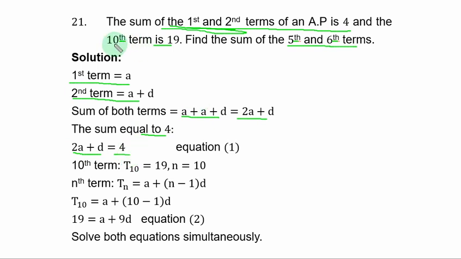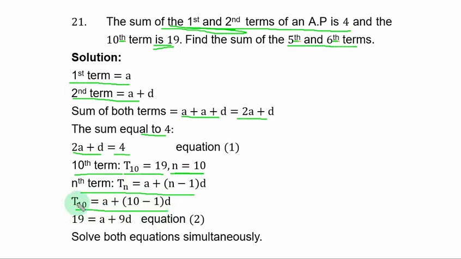Secondly, the 10th term is 19. T sub 10 is equal to 19. At this point, N is equal to 10. This is the nth term formula. You replace N with 10, you have this result.